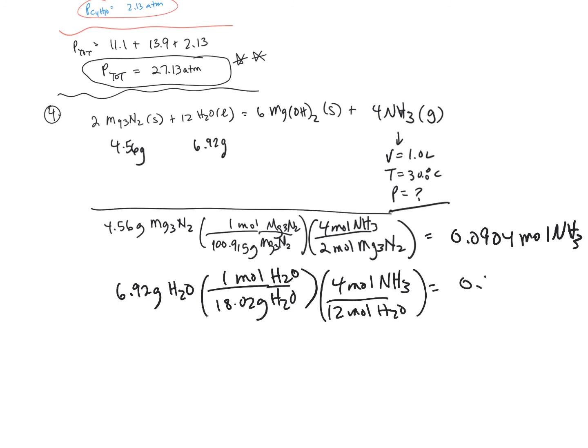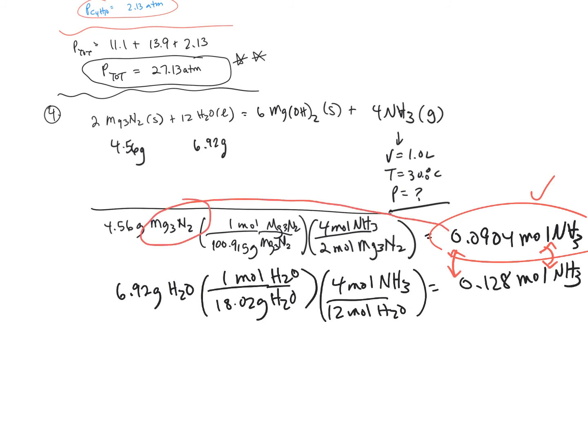Calculate that and you get 0.128 moles NH3. Okay, so again, you're going to compare the two and you're going to pick the smaller one. This will be the amount of ammonia formed, and that means that the magnesium nitride is the limiting reactant.